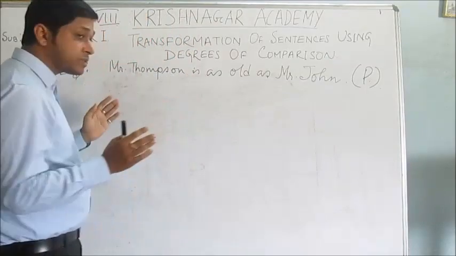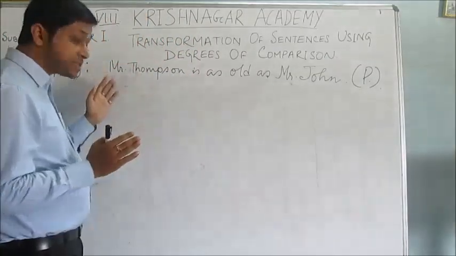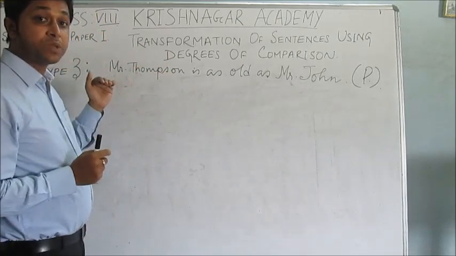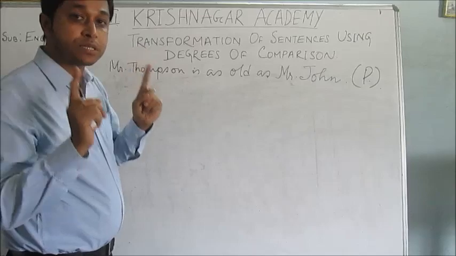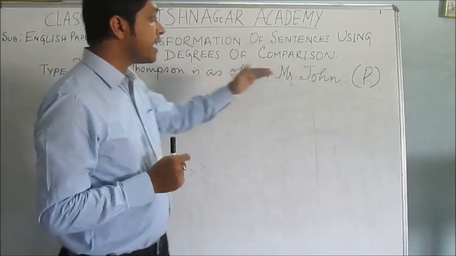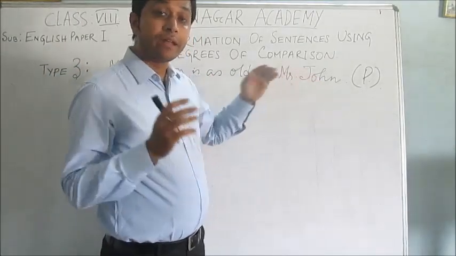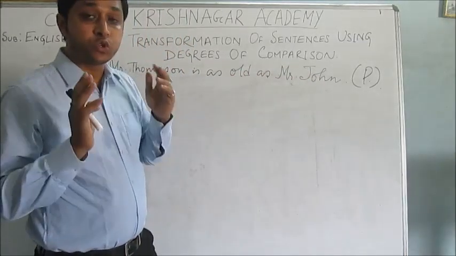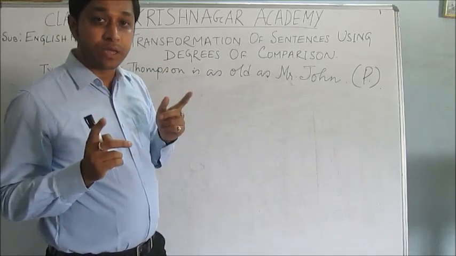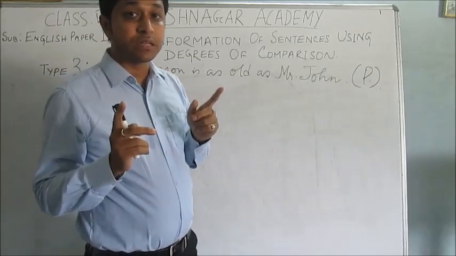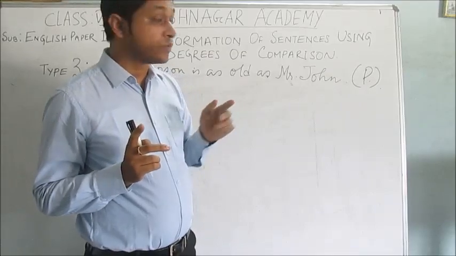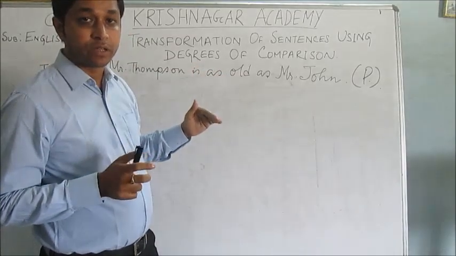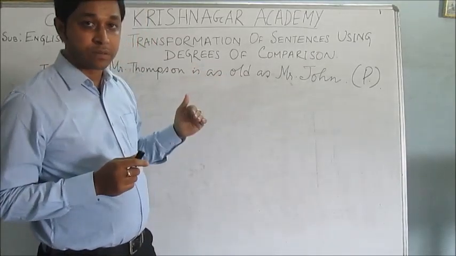Now, one thing, the point of difference of this sentence from type 1 and type 2 is that here comparison has been made between two persons, Mr. Thompson and Mr. John. And as you know from your previous knowledge from class 7, that when two persons or things are compared, we cannot transform it into superlative degree. So we can transform this sentence only into comparative degree. How to do that? Let us see.